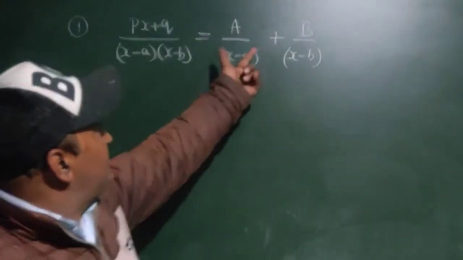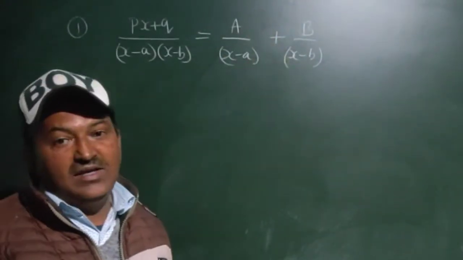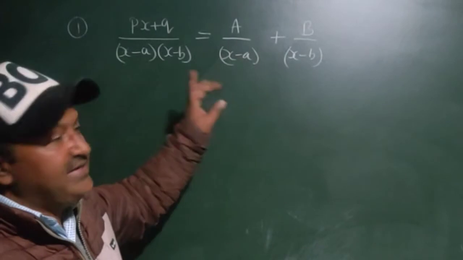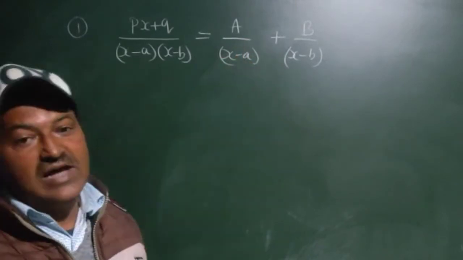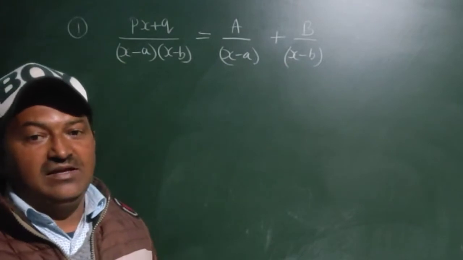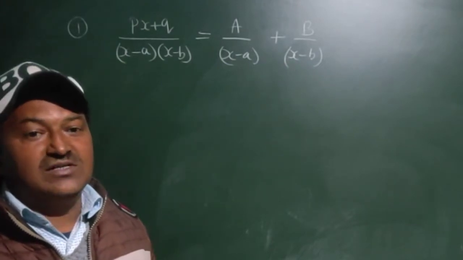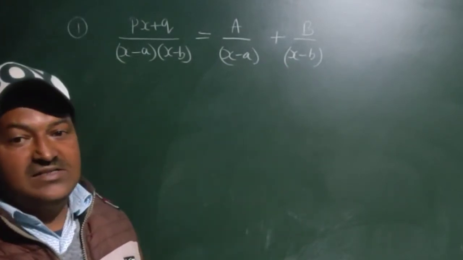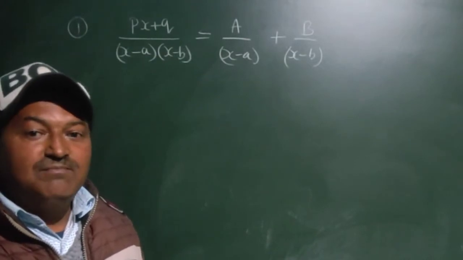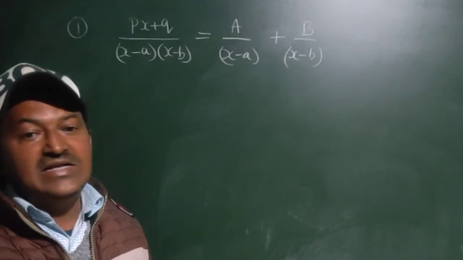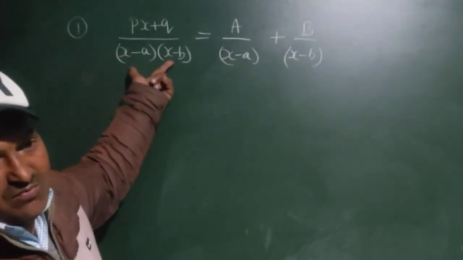And after finding these values of A and B, we can find the integration of the right hand side very easily. So this is the procedure, this is the method, this is the first type of partial fractions by virtue of which we can find the integrations of such type of questions.